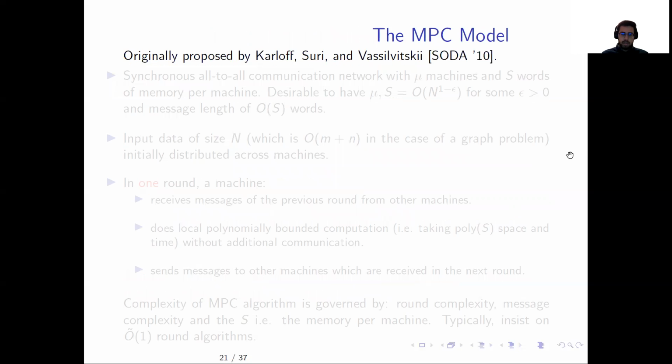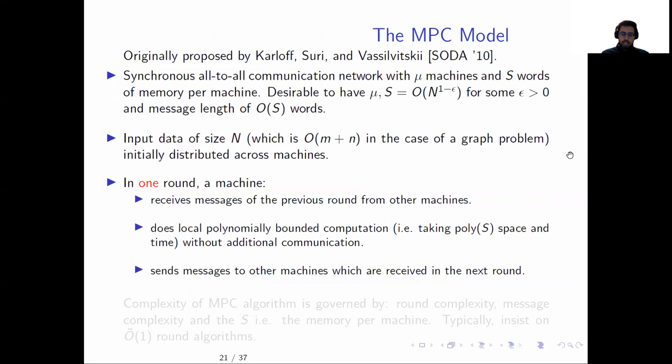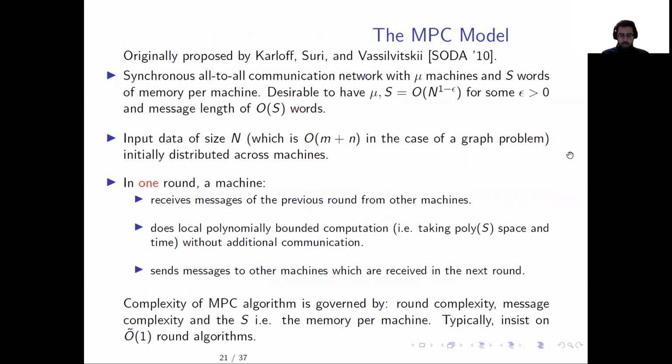So just quickly going through the MPC model in a static setting, where we have a synchronous all-to-all communication network. We want a sublinear number of machines and sublinear memory per machine. And this capital N denotes the size of the graph problem, which is the number of edges and the number of vertices.